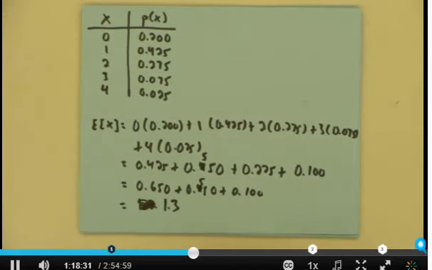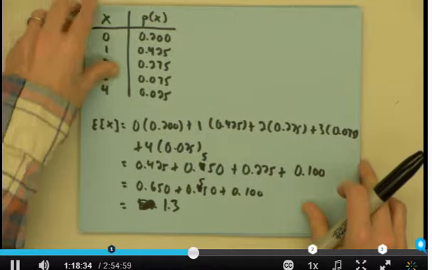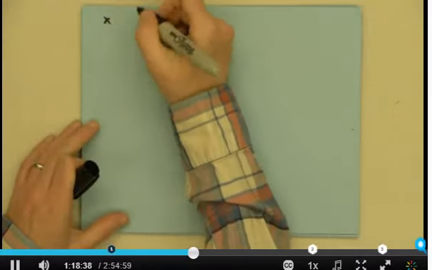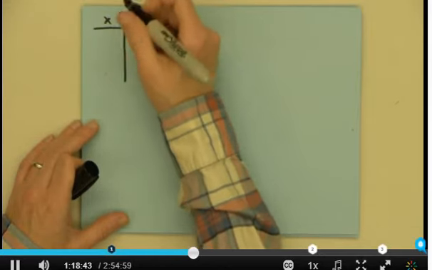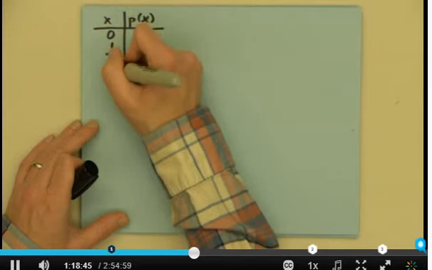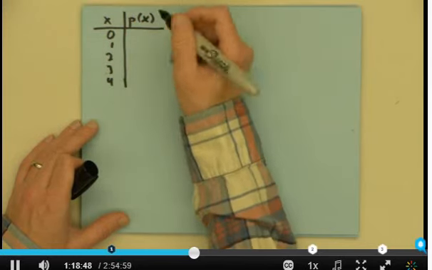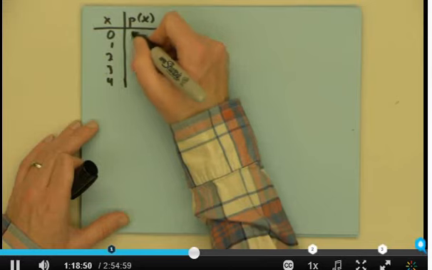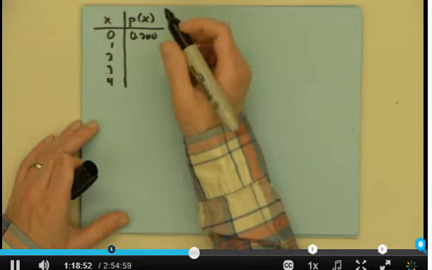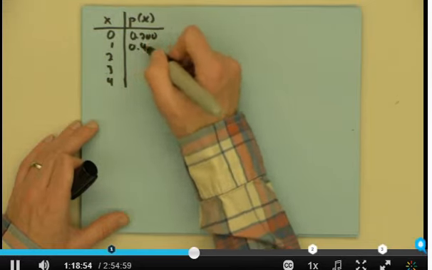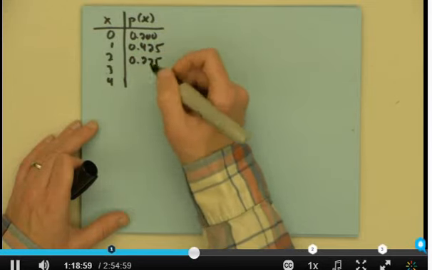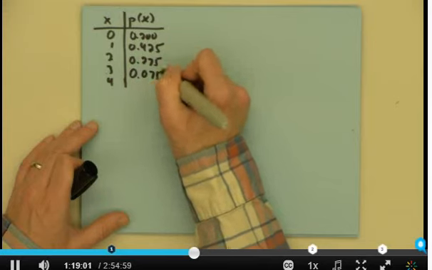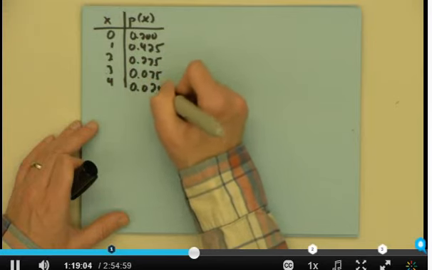Well, I also want to calculate the variance. And I'm going to do that by reconstructing the chart again, because I want that whole chart available to me. Now let's see, 0.2, 0.425, 0.275, 0.075, and 0.025.